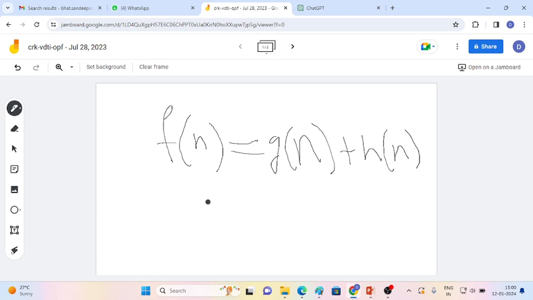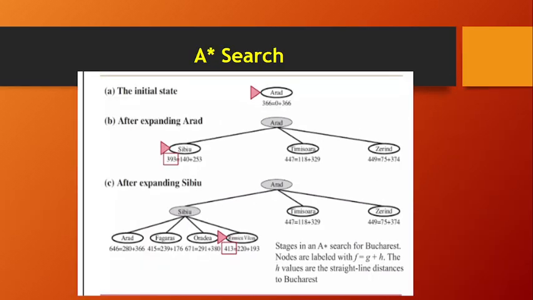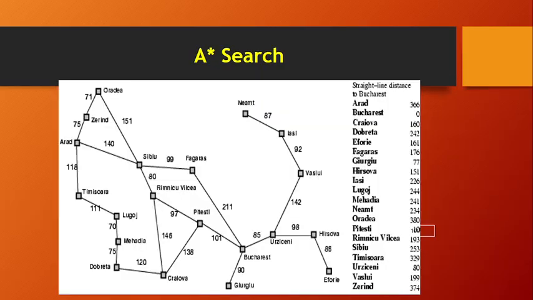The final path cost equals the path cost between any two nodes plus its heuristic function. Okay, next see this problem. In this example, Arad is the initial city, where we have started the search, and these are its given heuristic values.